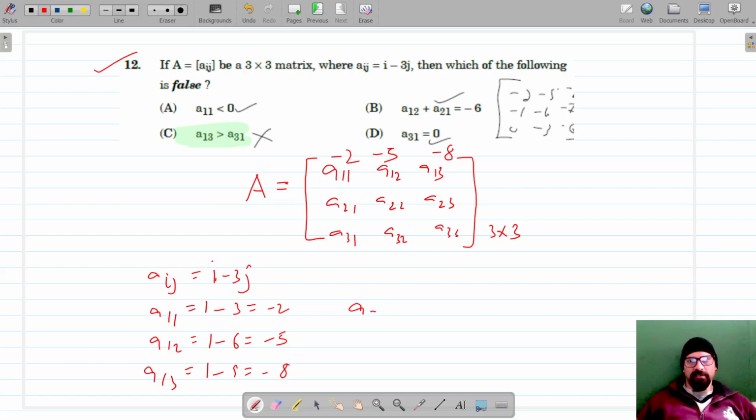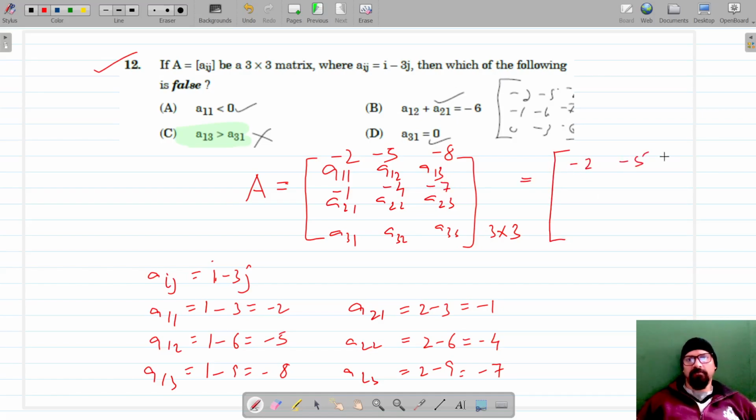Similarly, let's get A21, A22, and A23. A21 is 2 minus 3, which is negative 1. A22 is 2 minus 3 times 2, which is 6, giving negative 4. A23 is 2 minus 3 times 3, which is 9, giving negative 7. So this part of the matrix is negative 2, negative 5, negative 8, negative 1, negative 4, negative 7.